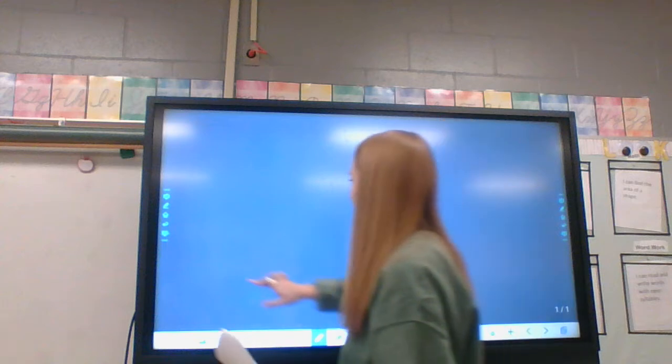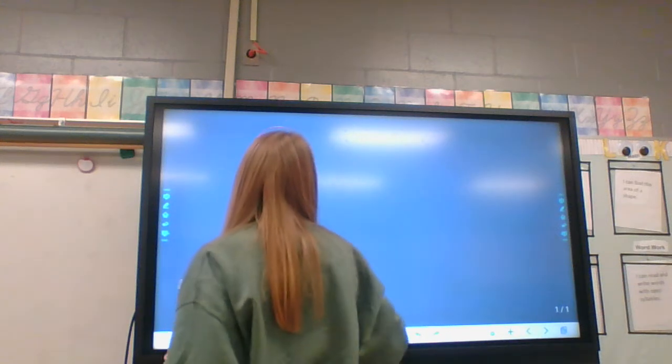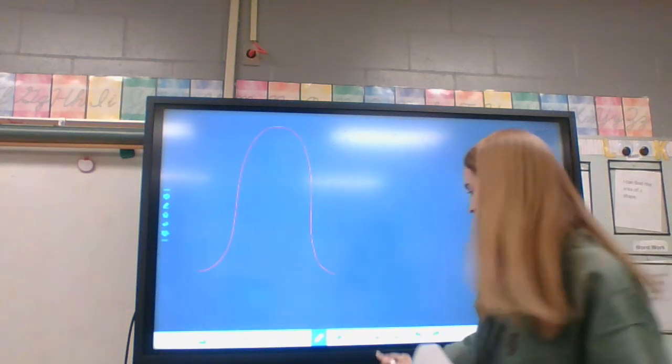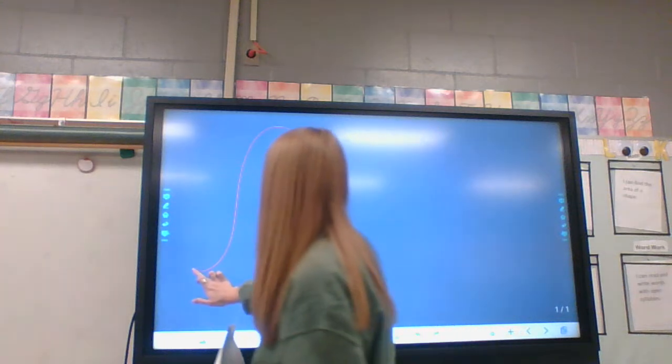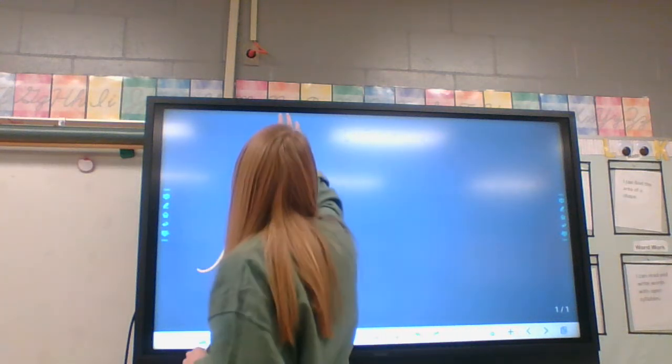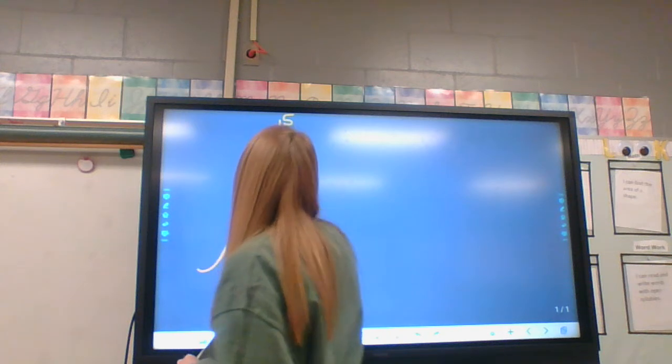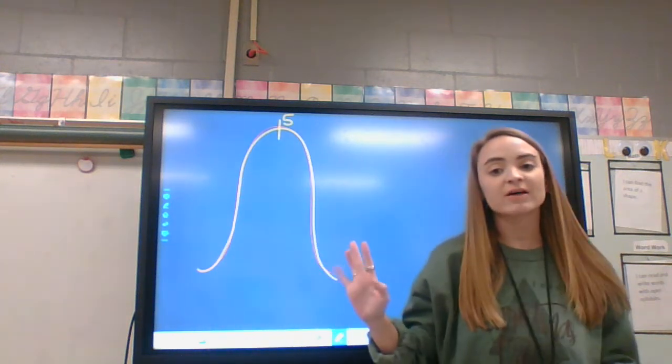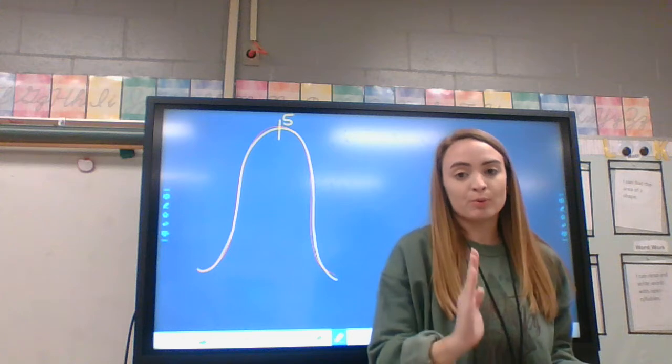So whenever we round, we have our rounding hill. Okay, let me change my marker. All right, so we've got our rounding hill. Now at the very top of my rounding hill, I have 5, okay? 5 is going to be my middle point.